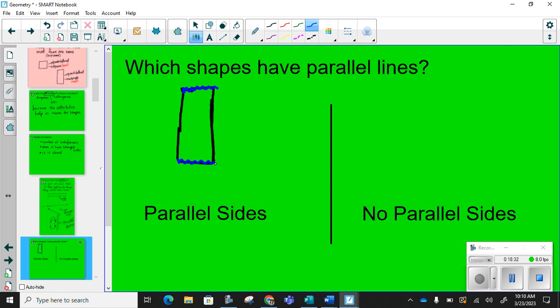Are there any other parallel lines on that shape? Marley? Yeah, the sides, left and right. Get a different color. And we're going to do another squiggle. That's going to show us that that line is parallel.